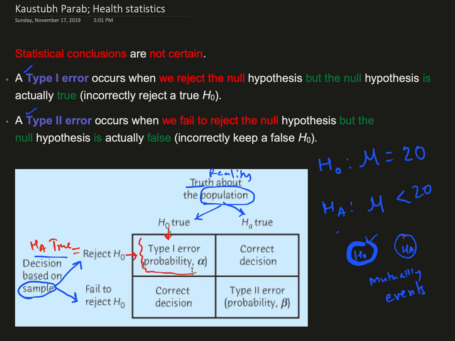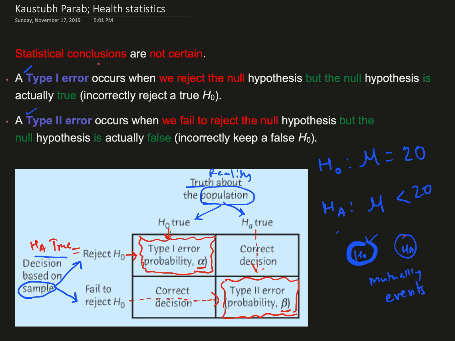We made that error, and that is called type 1 error, or alpha. We know that these are all probabilities, so this is also the alpha, or the significance level, that we compare. The other possibility is when, based on the sample, we fail to reject the null. That means we anticipate the null is true, but in reality, the alternative is true. Again, these two decisions don't match, so we know that we made some kind of error, and that is the type 2 error, or in other words, we call it beta.